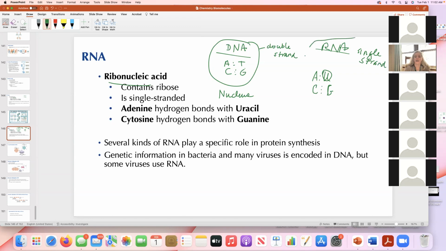All right, now RNA that we're going to do here, this leaves the nucleus. DNA is always going to stay in the nucleus, but this stuff gets made in the nucleus, okay, it gets transcribed off of DNA, and we'll go through that, but it's going to leave the nucleus because it's what's going to take the message on a single strand over to the ribosomes.